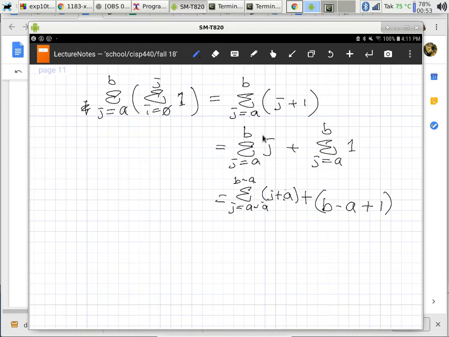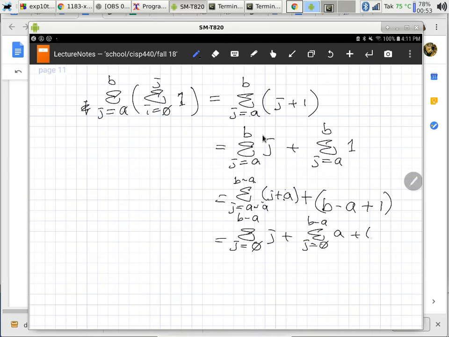Is that okay? All right. So then we use the same trick and we break it apart. So we now say this is sigma j equals 0 to b minus a. The first sigma is just summing over the j's. The second one is summing over a constant, because it's 0 to b minus a, but the term that we are summing over is just a itself.